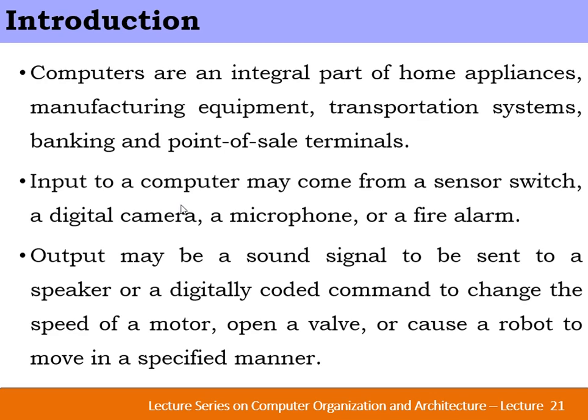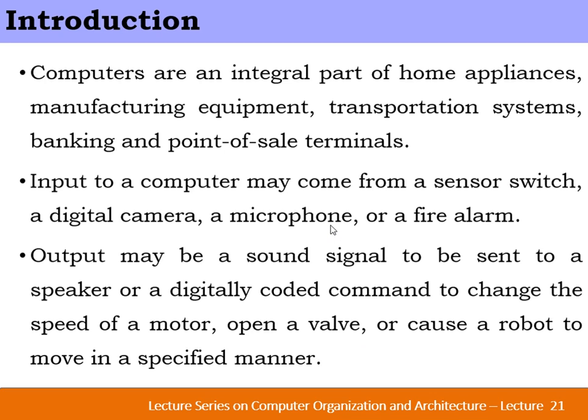Normally, which are the sources of input to the computer? It may be from a sensor, a digital camera, a microphone, or a fire alarm. Output might be in the form of a sound signal sent to a speaker, or a digitally coded command to change the speed of a motor, open a valve, or cause a robot to move in a specified manner.